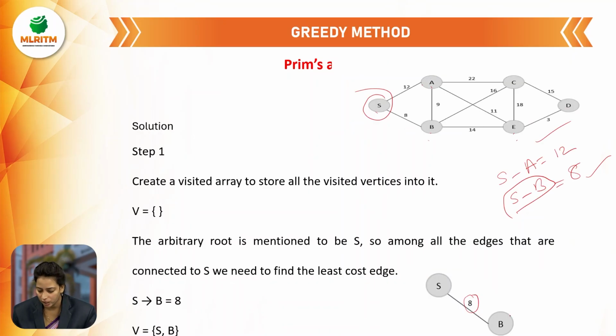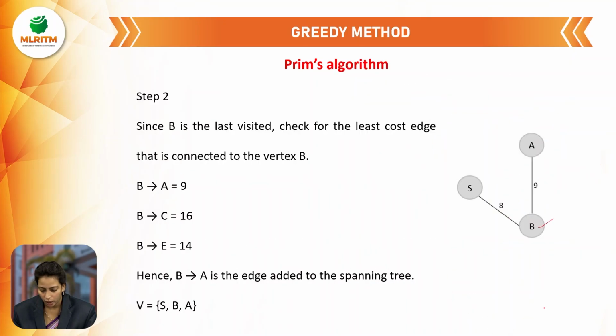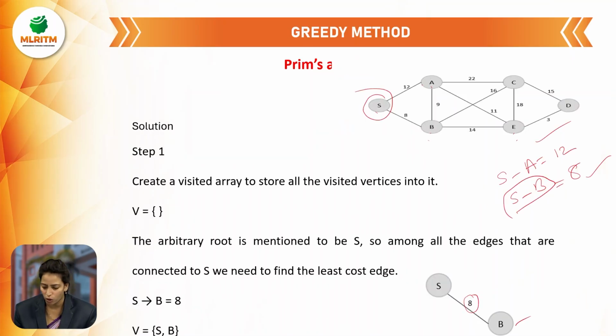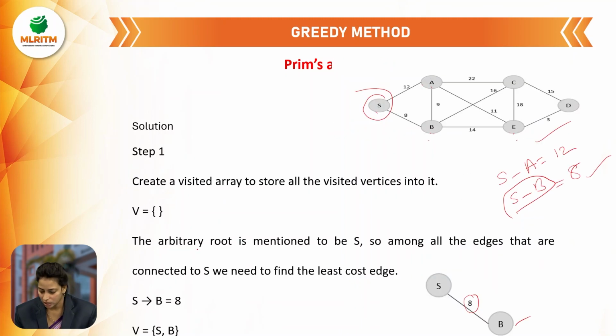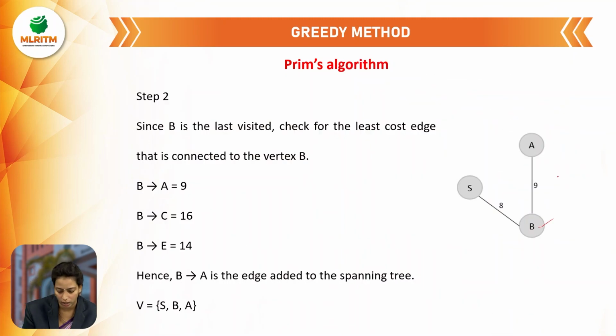Next, consider the newly added vertex. What is the newly added vertex? B. So find out the unvisited adjacent vertices of B. B to A, B to C, B to E. Also remaining from previous, S to A is there, equal to 12.